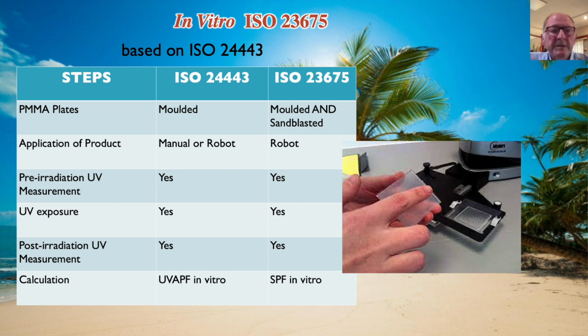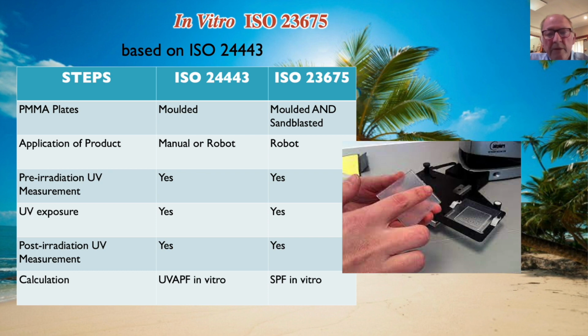So I need to come into talking now about what we are doing without the use of humans. And there are quite a few methods around. The method ISO 24443 has been around for as long as 24444 and used in many countries around the world prior to that.